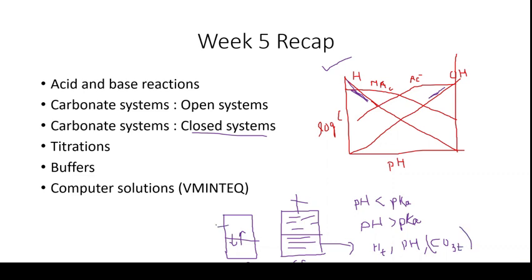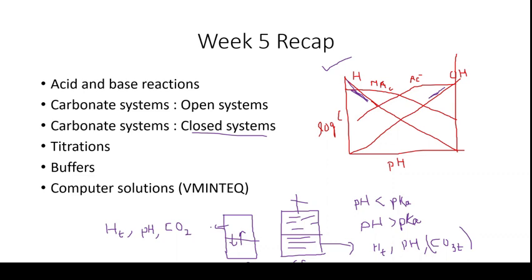However, for the open system, what were the parameters? HT, pH, and CO2. Okay. So these were the parameters for the open system. Then we solved a few questions using Visual MINTEQ and so on.